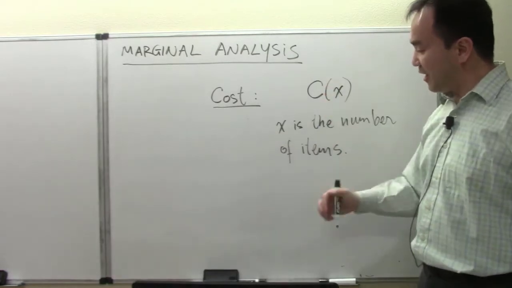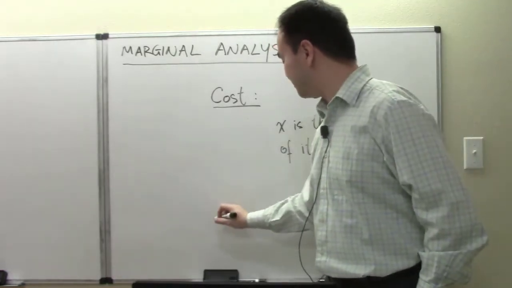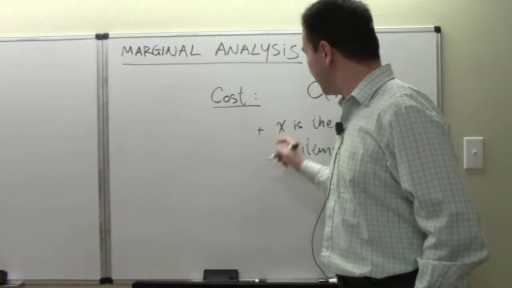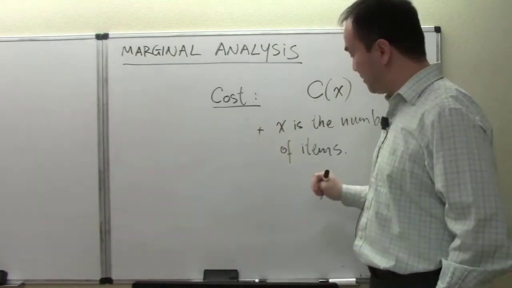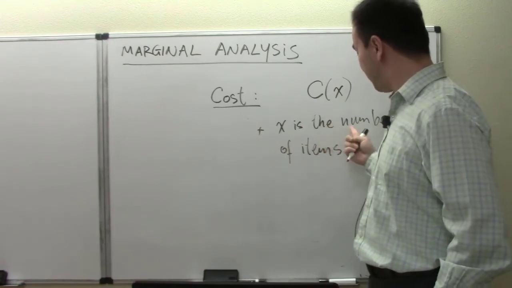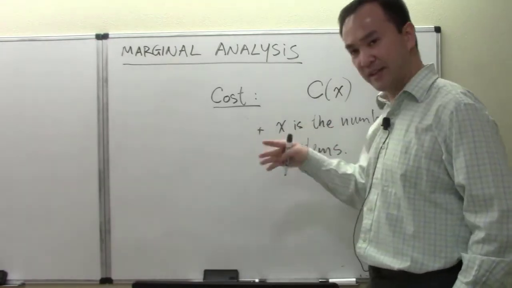But x is not always the number of items. There could also be price.